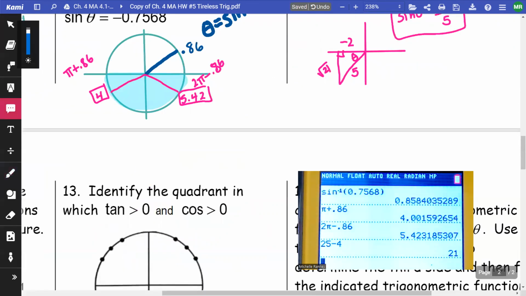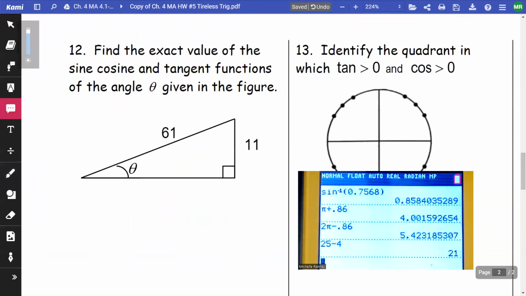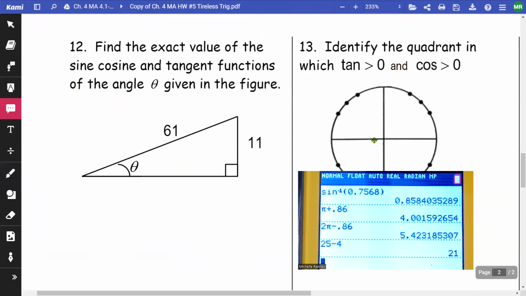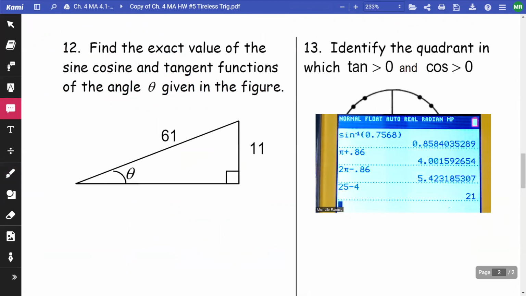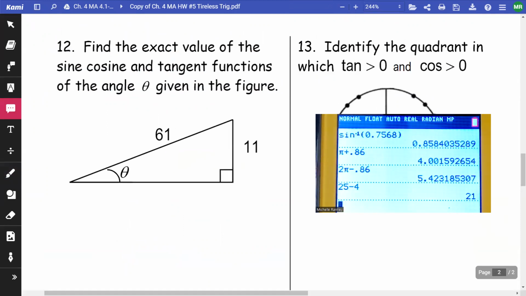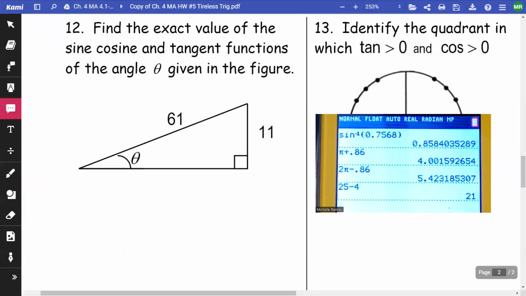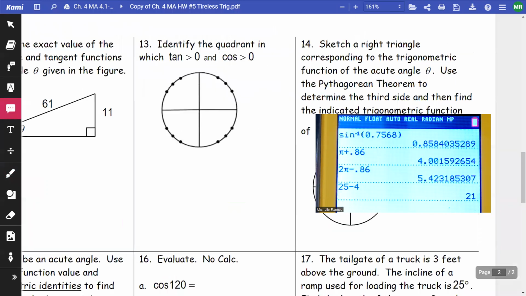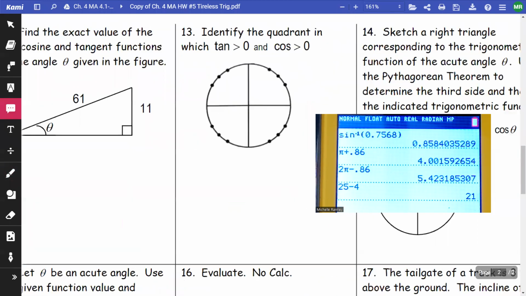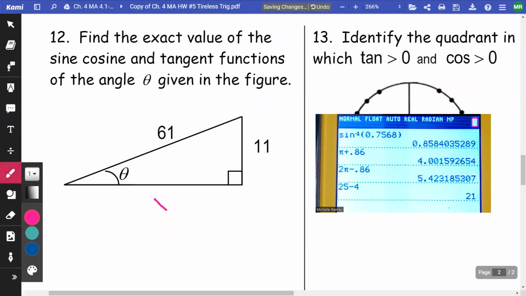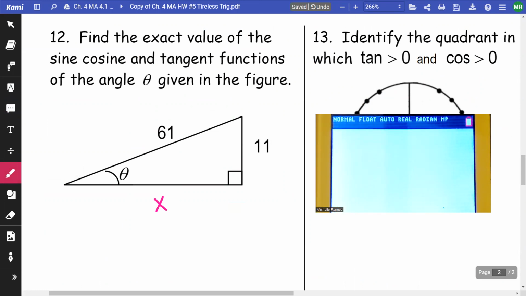On number 12, we want to find the exact value for the sine, cosine, and tangent. So I'm going to find this side here, I'm just going to call it x, and I'm going to use Pythagorean.